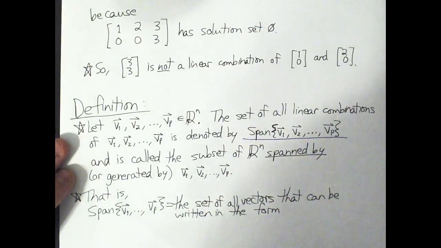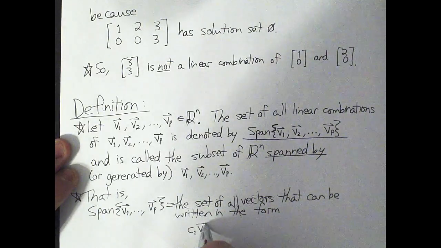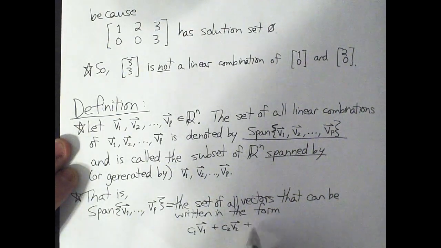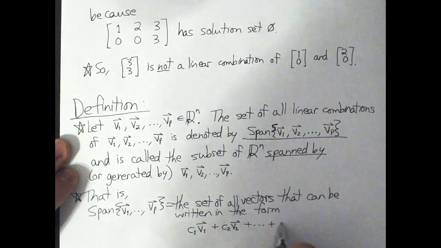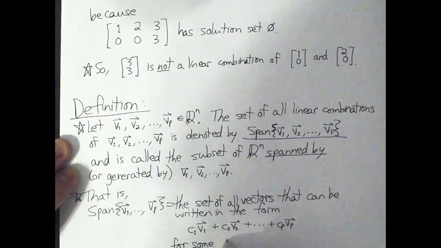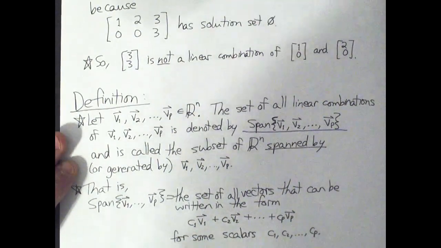So another way of saying that is all vectors that can be written in this form: C1 V1 plus C2 V2 up to CP VP, for some scalars C1, C2 up to CP. If those scalars exist, then there you go.